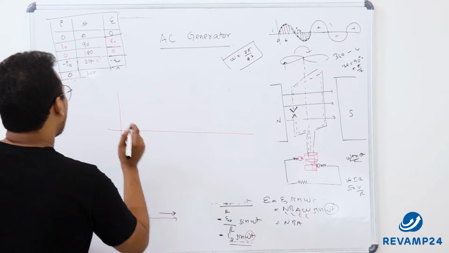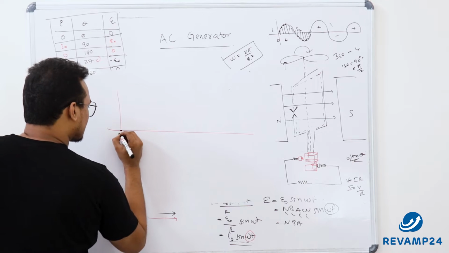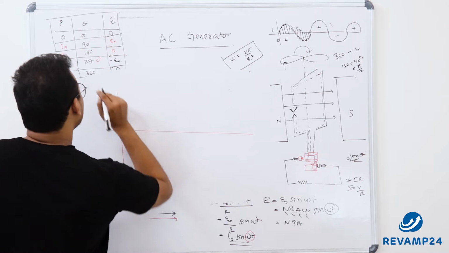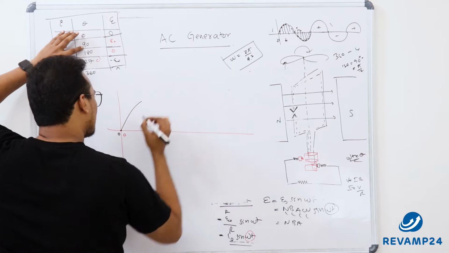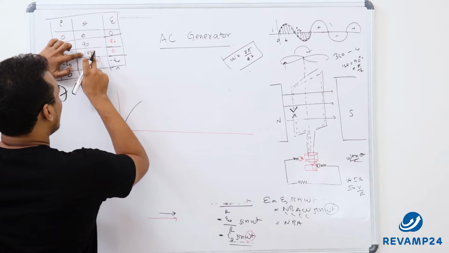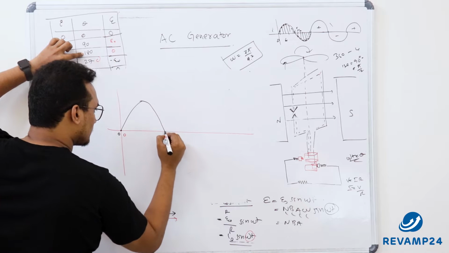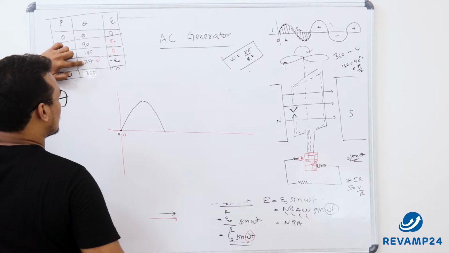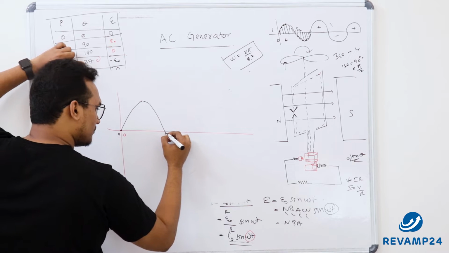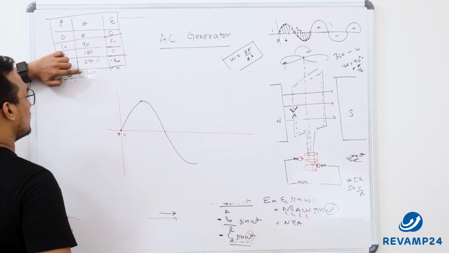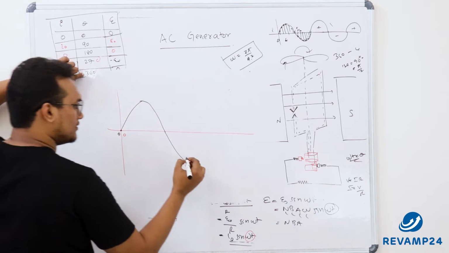Okay, so the value of EMF is initially 0, and at 90 the value has become plus E0, that is the maximum value E0. Now at 180 the value has come to 0. At 270 the direction of EMF is reversed, and that is the maximum in the reverse direction. Now at 360 the value is 0.